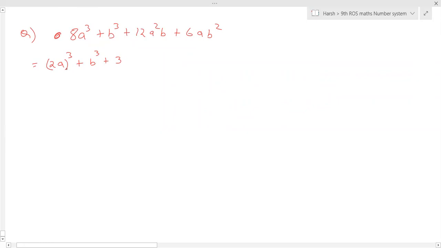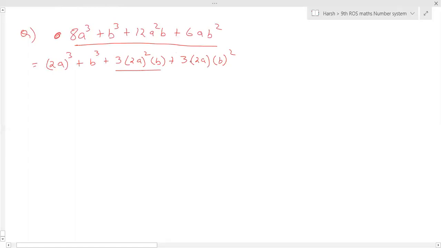Okay. So this is the equation, and now you have to find AB. So I put it as a cube plus b cube plus 3a square b plus 3a b square. Is it equal to this? 4 3 12, 12a square b, yes.